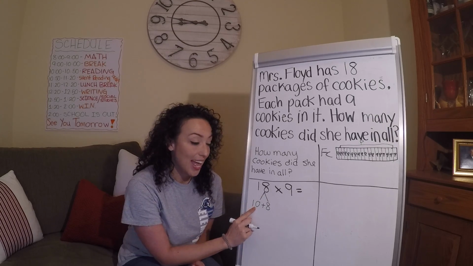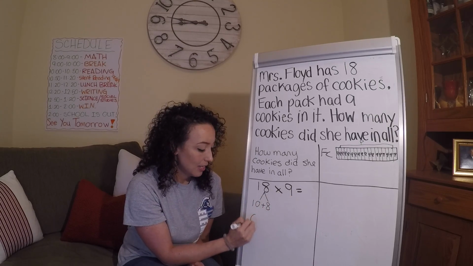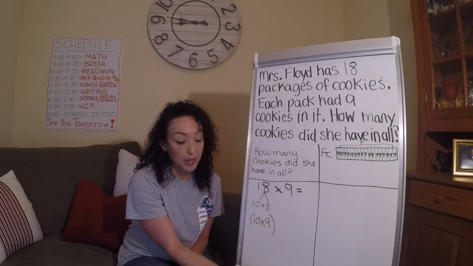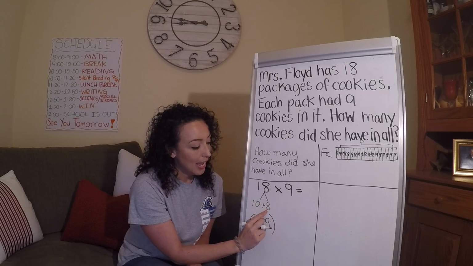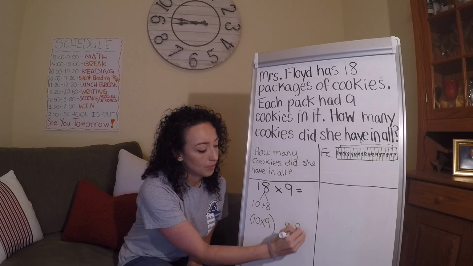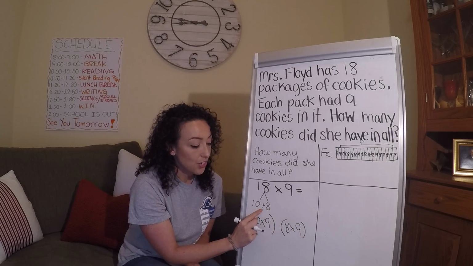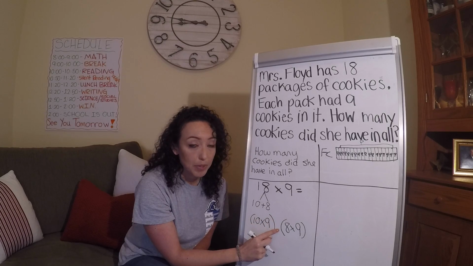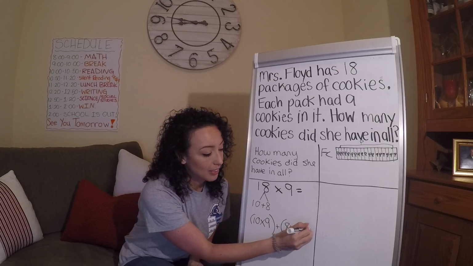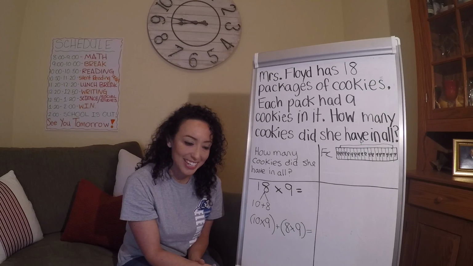So I'm going to write 10 times 9 and close my parentheses. 8 times 9. And just like you did here, you got to bring your plus sign because in the end, we're just going to add these back together. And let's begin.